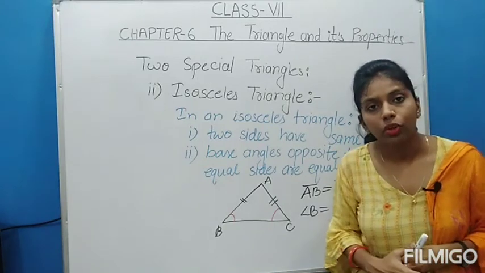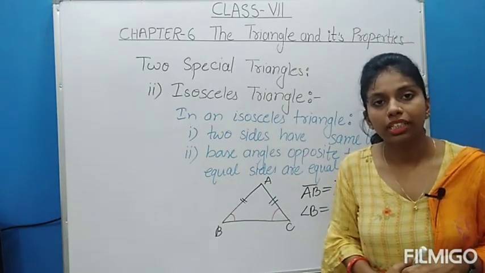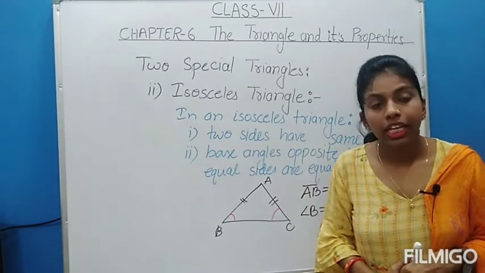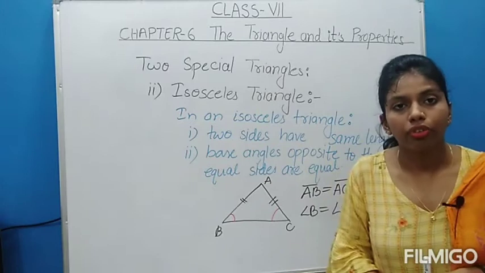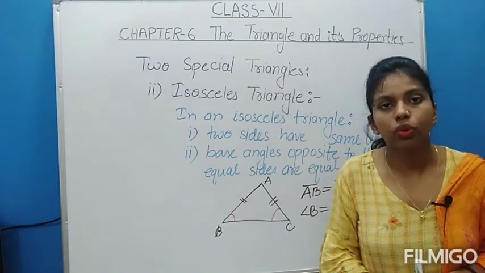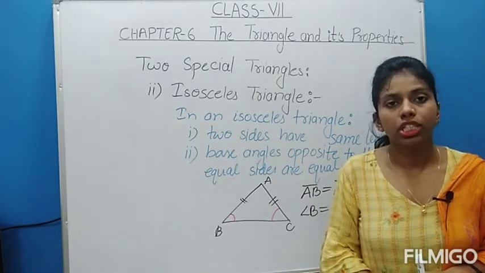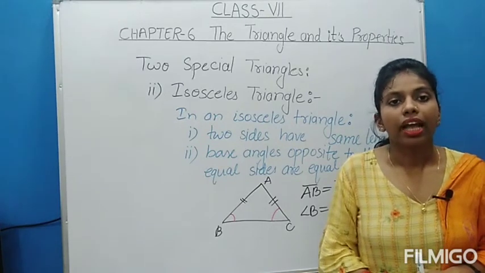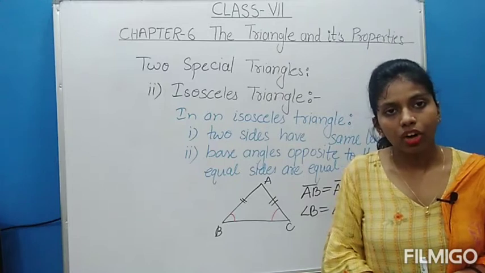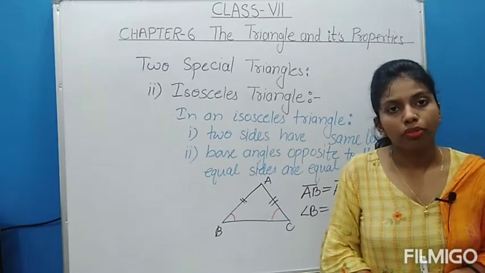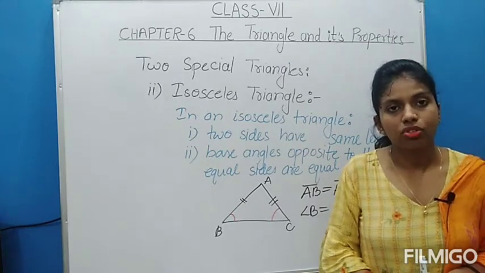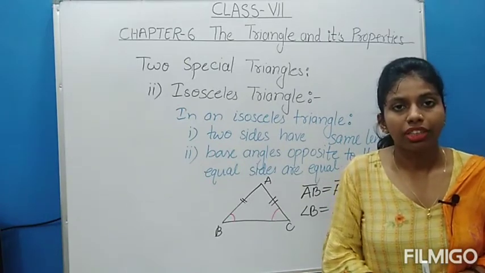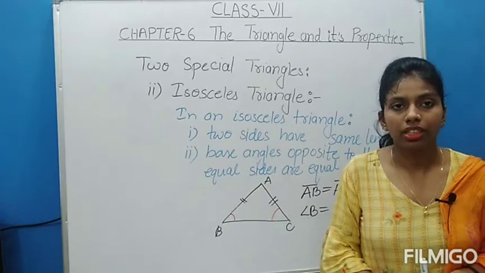So in this video we discussed four properties. First is the exterior angle property. According to that property, an exterior angle of a triangle is always equal to the sum of the opposite interior angles. And the second property is the angle sum property. According to that property, the sum of all angles of a triangle is always equal to 180 degrees. Then we discussed two special triangles.